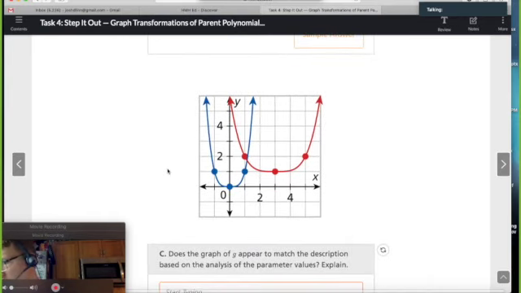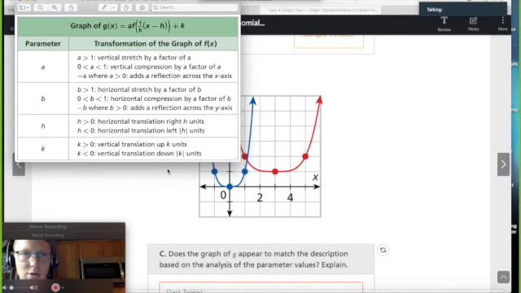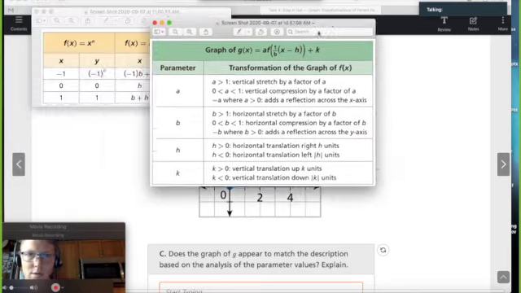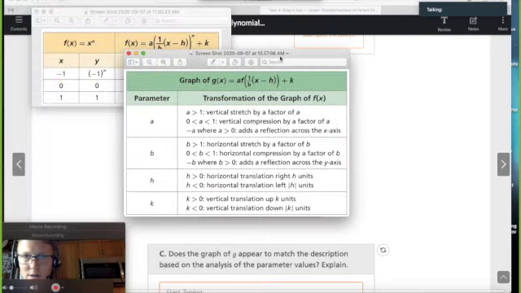And here we go. So our blue is our parent function. Remember, it was an even function, so it's very similar to the parabola. Our red function is the translated function. Again, just following all these steps. All of these steps should look pretty familiar from using this chart.